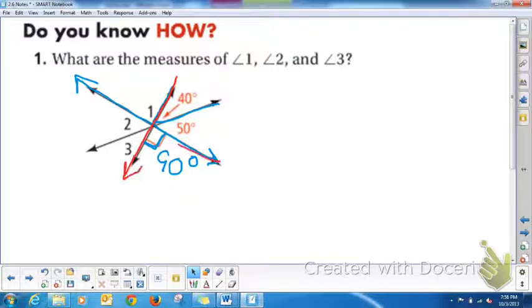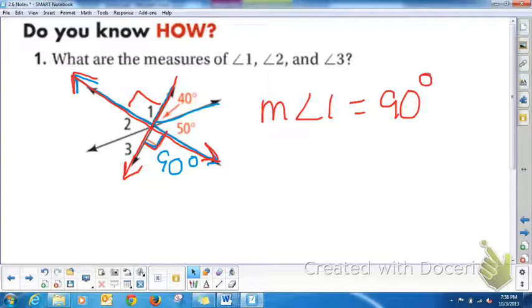Angle 1 is a vertical angle to this angle. So angle 1 would equal 90 degrees. Because of the vertical angle theorem, they're congruent, and therefore they're equal.